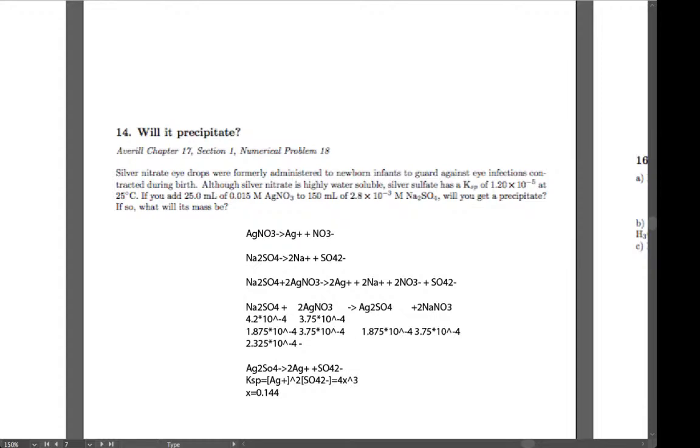Oh wait, but actually, huh. We can just assume that it would react on them all. Those all would react. So the KSP would be the amount that would actually precipitate, which is 0.144.